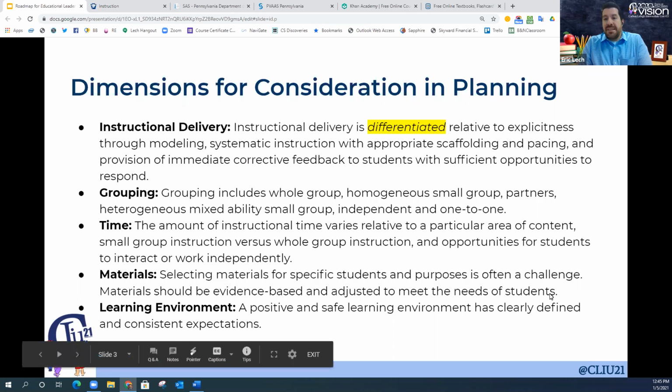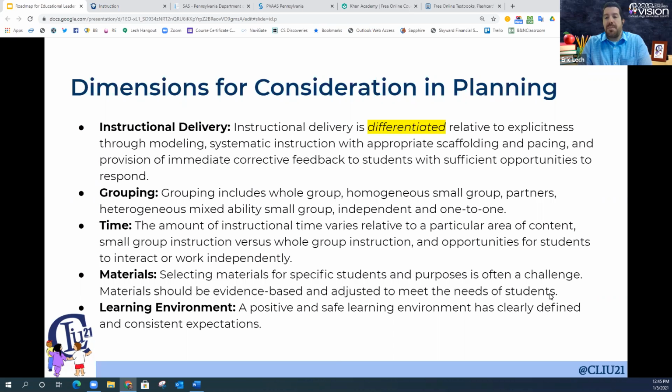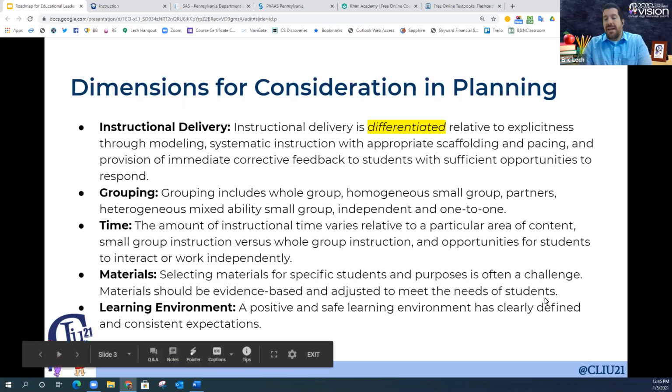The materials that we select must be concise and be able to meet the purpose to reach a designated outcome for our students. And again, always considering how we are providing that positive and safe learning environment will be important in this planning process.